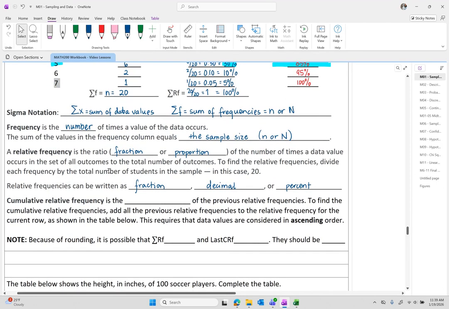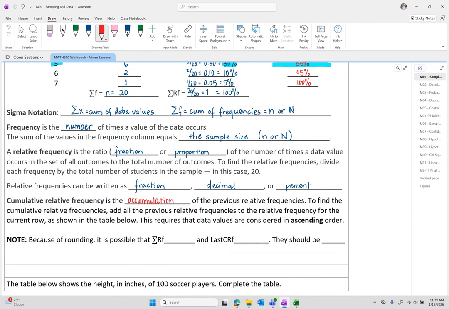So cumulative relative frequency is the accumulation of the previous relative frequencies. To find the cumulative relative frequencies, we add all the previous relative frequencies to the relative frequency for the current row, as shown in the table. This requires that data values are considered in ascending order.